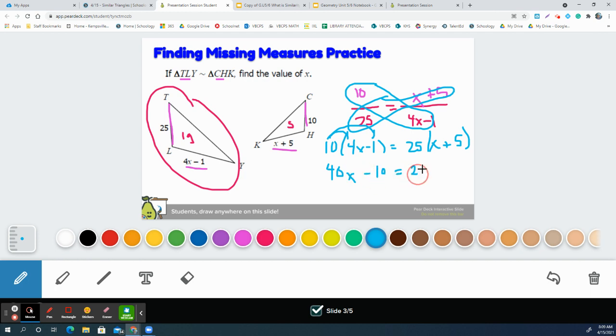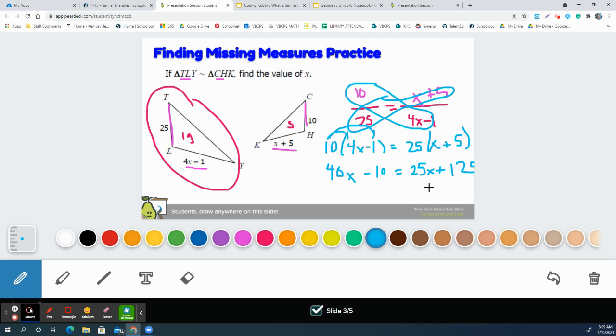And then 25x, and then we subtract. What do we subtract first? Absolutely. So what do you want to move first?